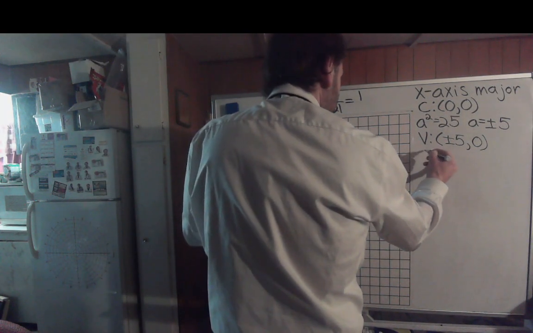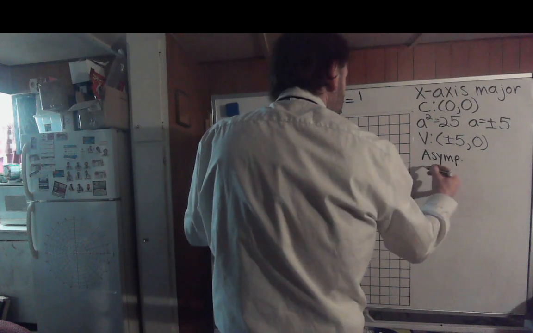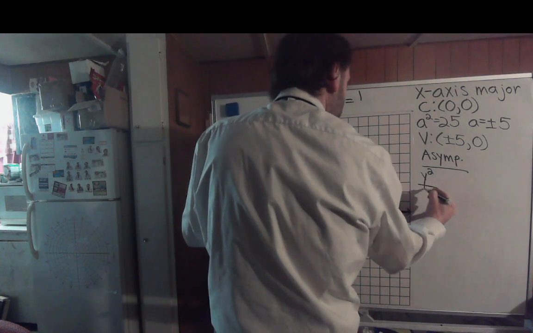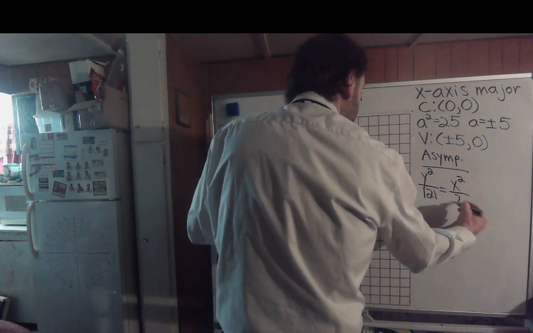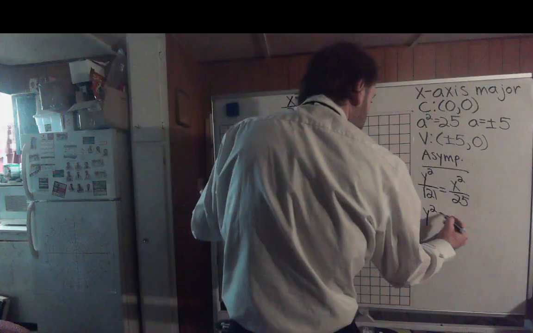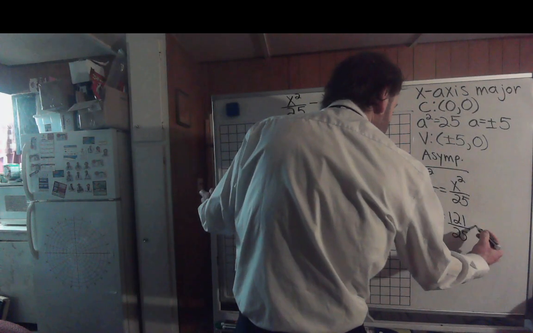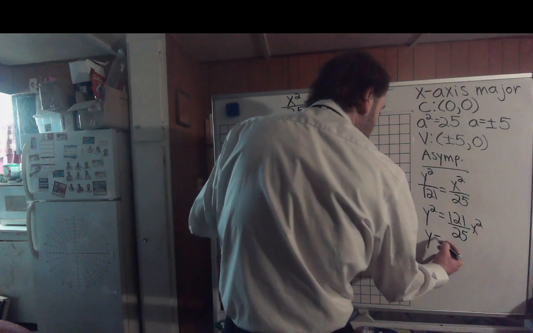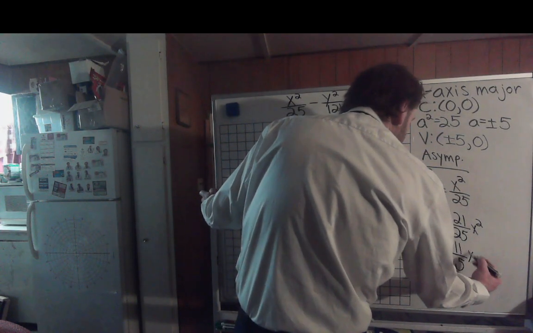So for the asymptotes, you're going to take your y squared over 121, set that equal to your x squared over 25, which would then give you that y squared equals 121 over 25 x squared, which gives you your slant asymptotes at y equals plus and minus 11/5 x.